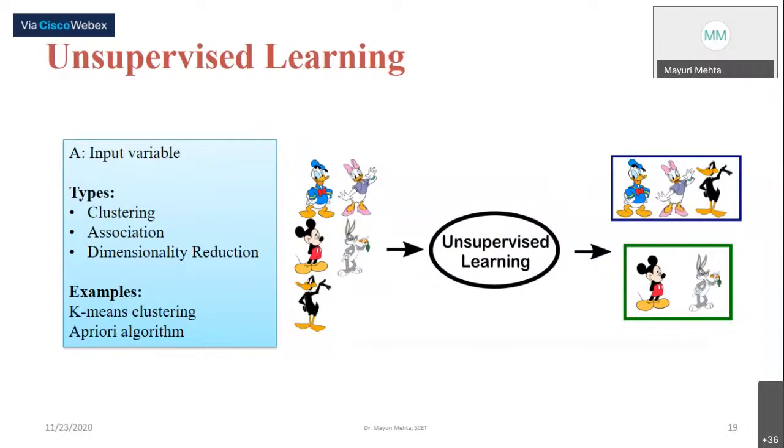When you analyze customers' shopping behavior, right, then it is based on association rules. And for dimensionality reduction, we can say anomaly detection is an example. Examples of unsupervised machine learning algorithms include k-means clustering and Apriori algorithms. These are popular algorithms in this category.